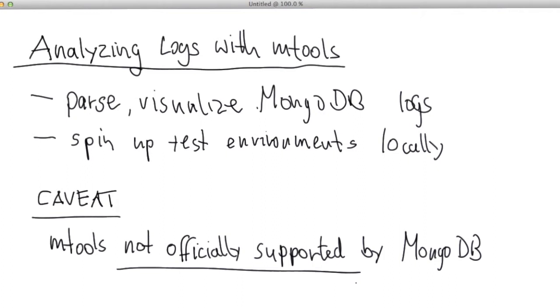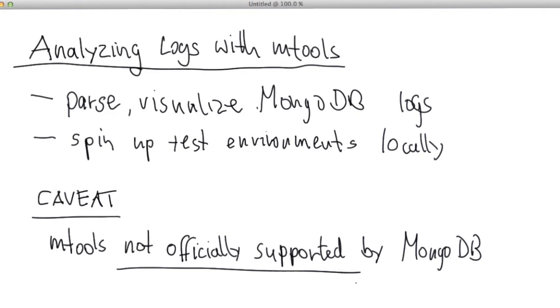of MongoDB. I started working for MongoDB as a technical support engineer, and I developed mtools basically to make our jobs easier. We've been looking a lot at log files every day, and we needed to parse out information, connections, slow queries, etc. And so I developed mtools to do that job for me and to work more efficiently.